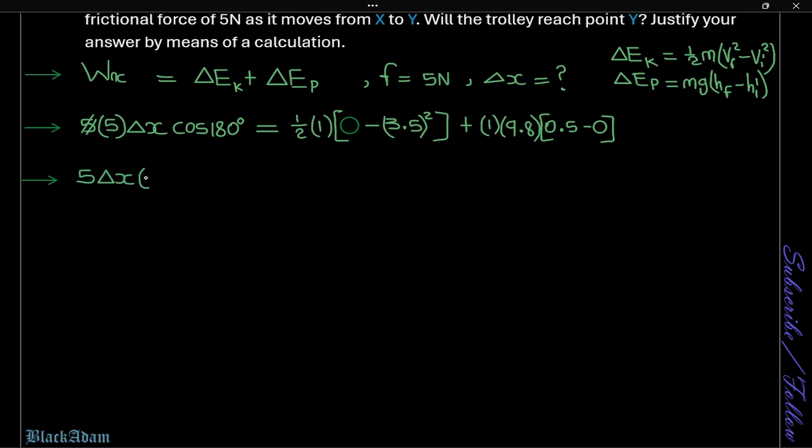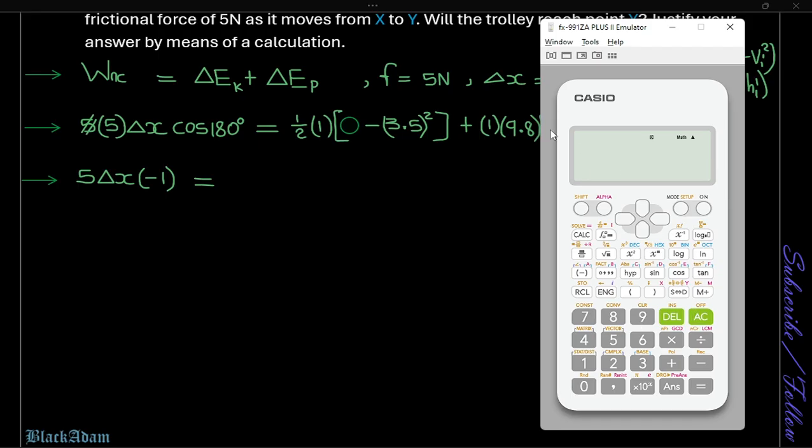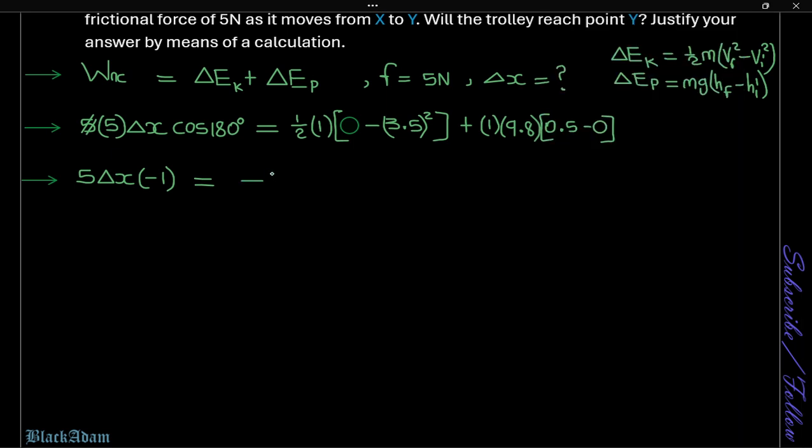That's going to be cos 180 degrees is -1. That part there, 0 minus 3.5 squared, which is 12.25, and half of that is 6.125, that's negative 6.125.